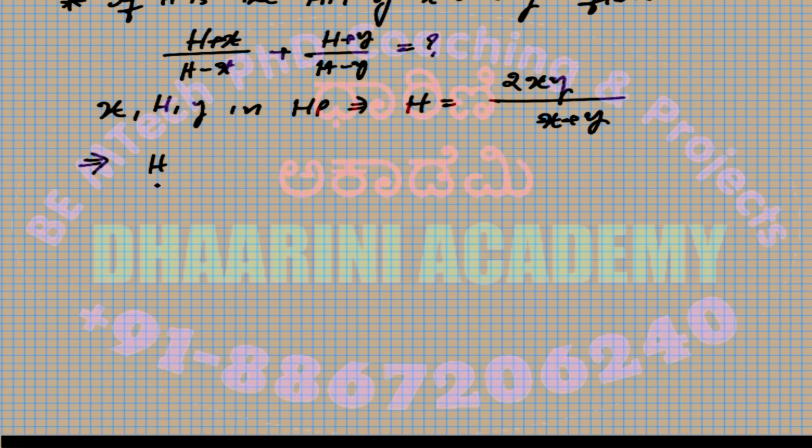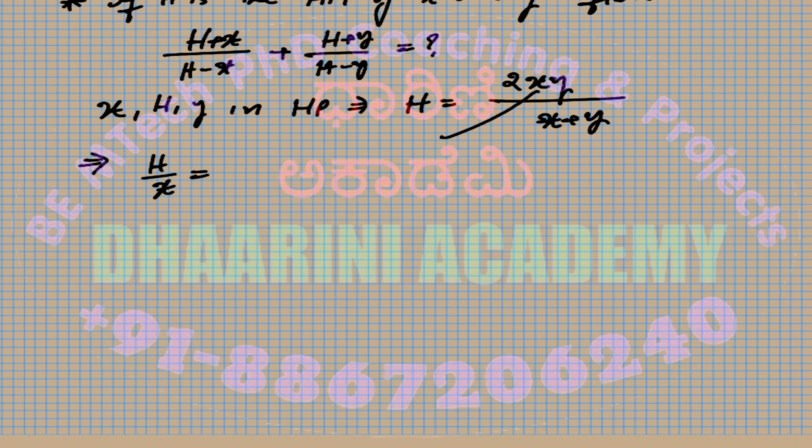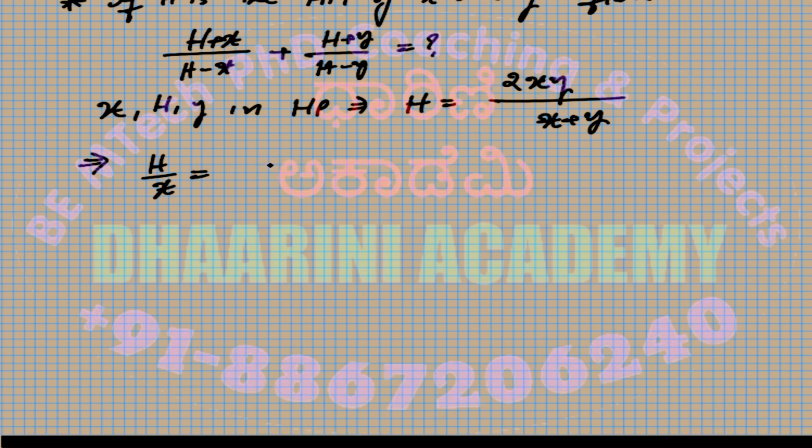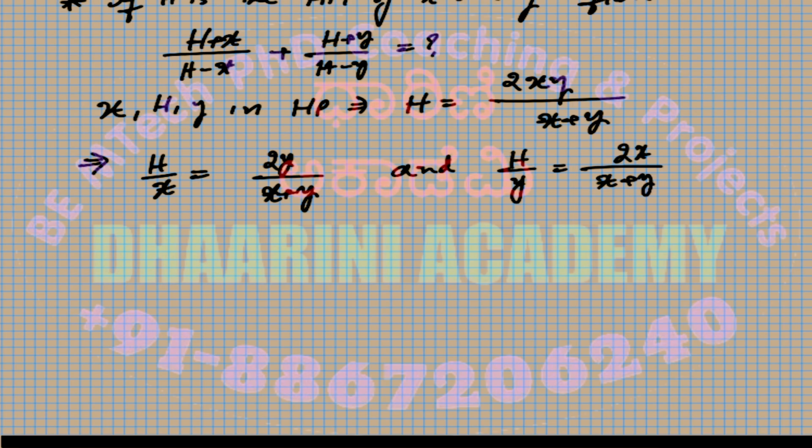One is H by X. So H by X means move this X to the denominator. So this is equal to 2y divided by X plus y. And I can also calculate a term that is H by Y. So that is 2x divided by X plus y.